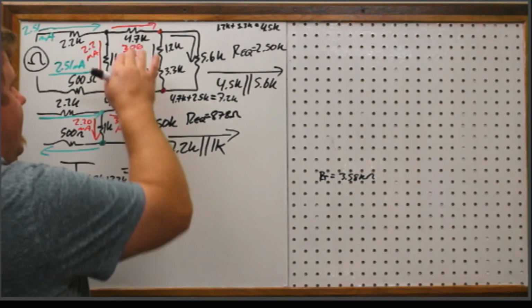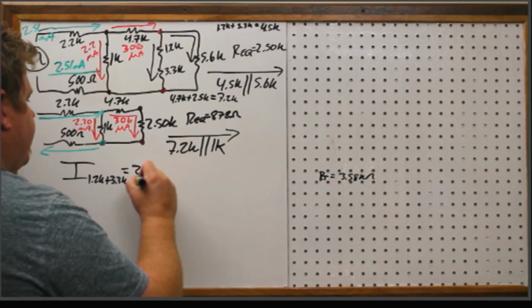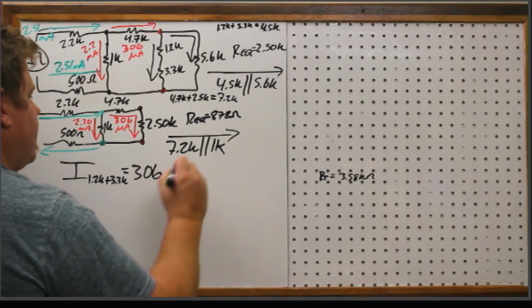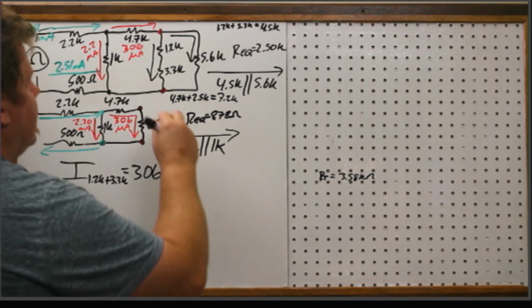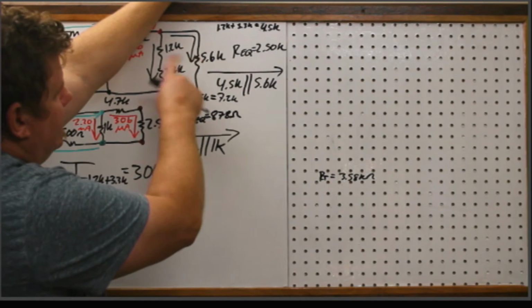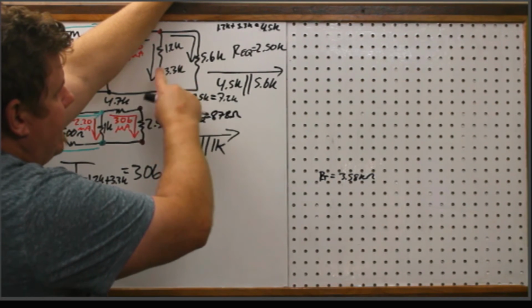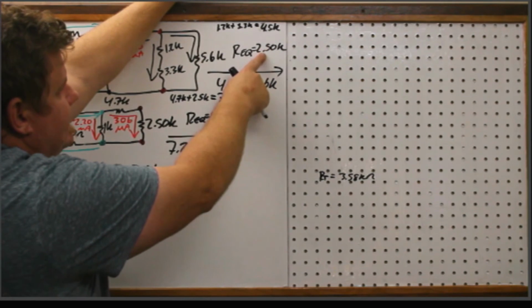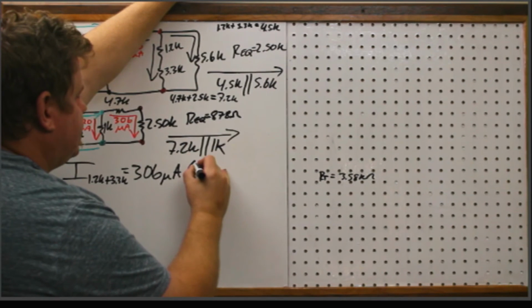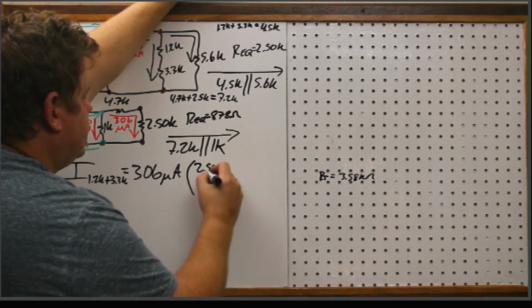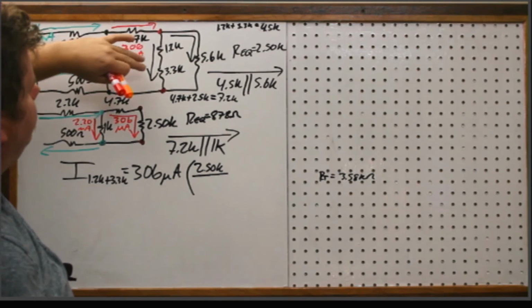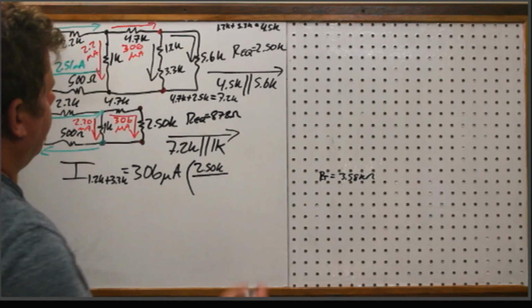So I know what comes into this node is 306 microamps times, again, this parallel combination between these two right here, we found that as 2.5K, so that's the total, 2.5K, all right? The individual over here is going to be 4.5.